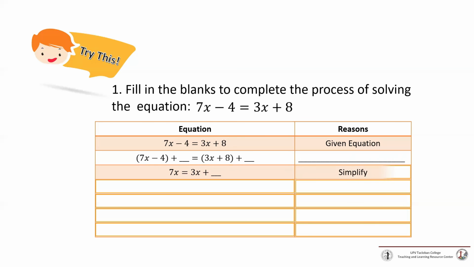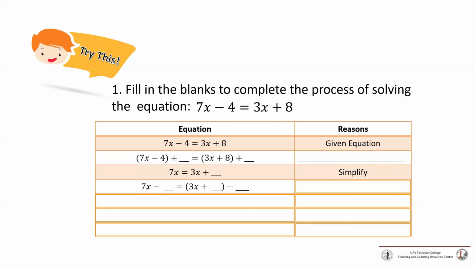Okay, and then you put your reason. And the reason is simplify, meaning after simplifying the second row, you got 7x on the left side, which is equal to 3x plus blank on the right side. You think of the right answer.